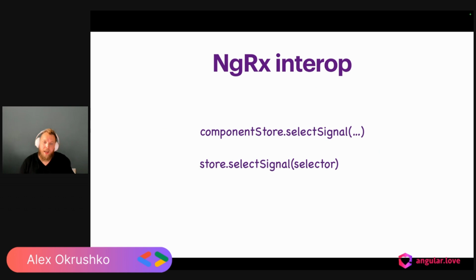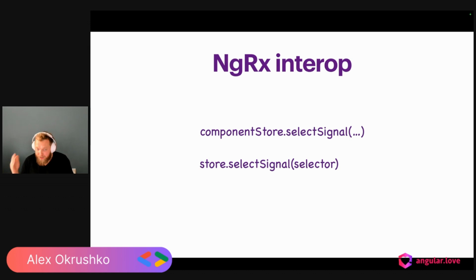Signals were around, and what do we do? Well, if you're already using Global Store or ComponentStore for local state management, you don't have to fear a lot because we created APIs that will return you signals instead of observables. For example, store select signal with the exact same selector as you've been using before will return you a signal back, right?